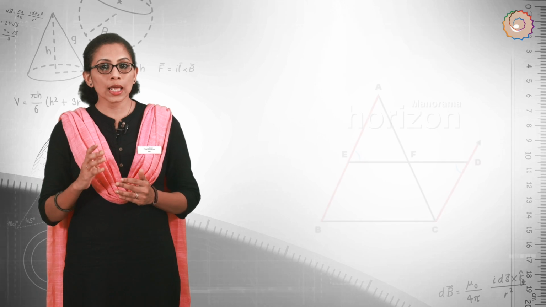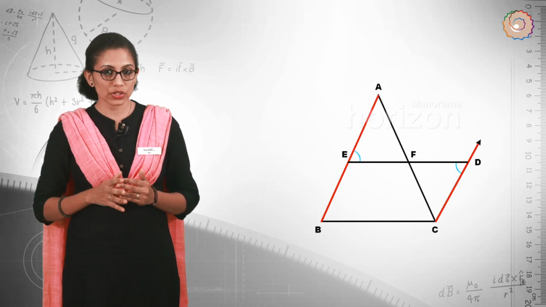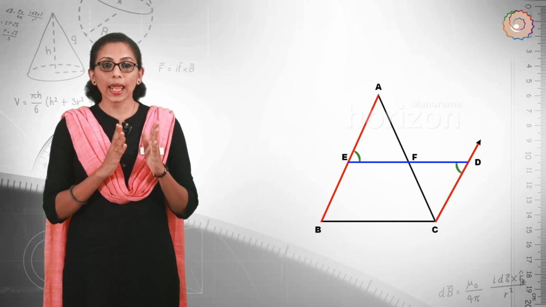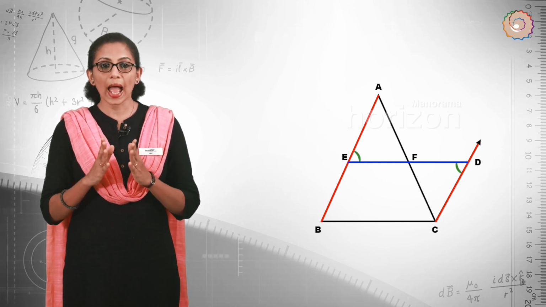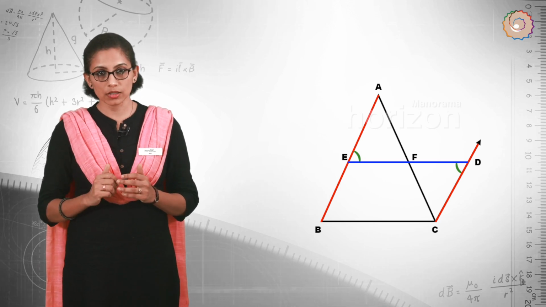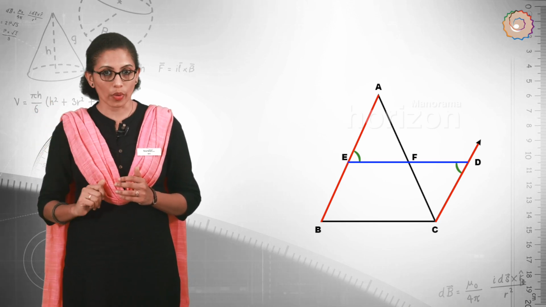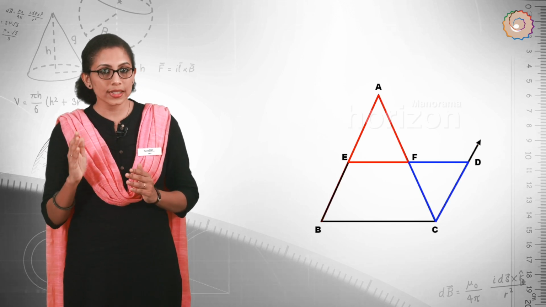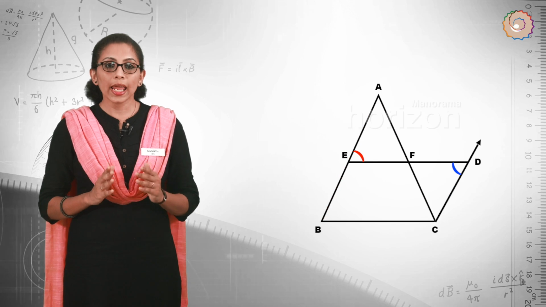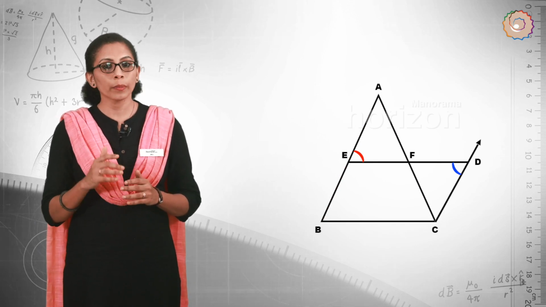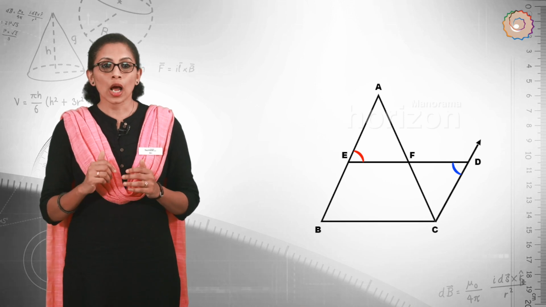Proof: since AB is parallel to CD by construction, with transversal ED, angle AEF is equal to angle CDF. What is the reason? Alternate angles. Mark it as equation number 1. Now, in triangle AEF and triangle CDF, angle AEF is equal to angle CDF from equation 1.